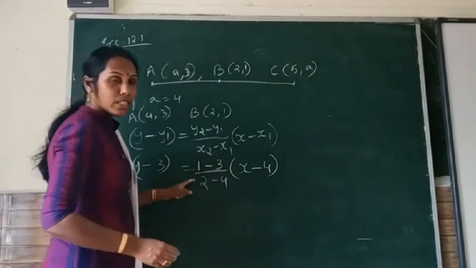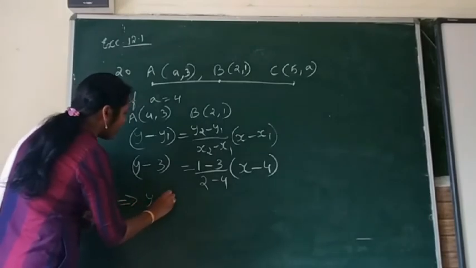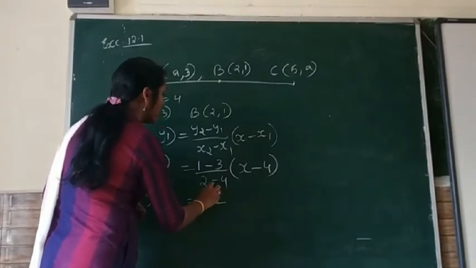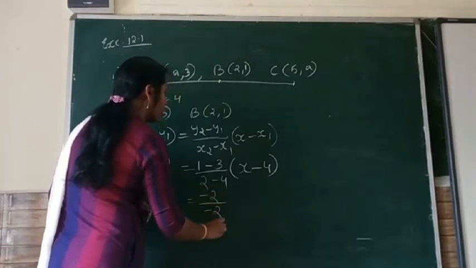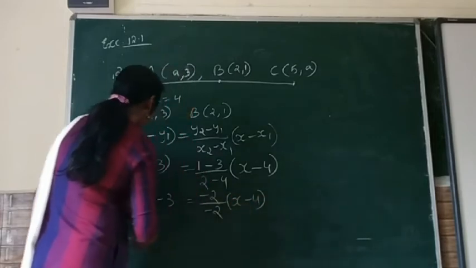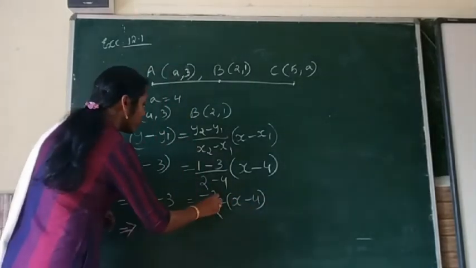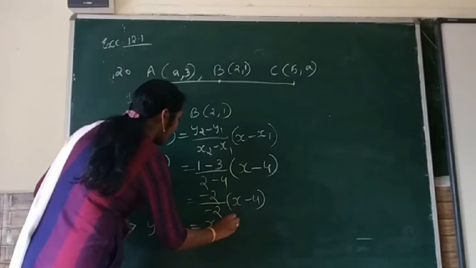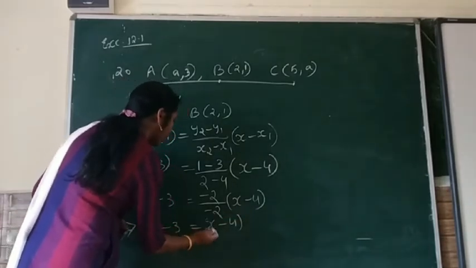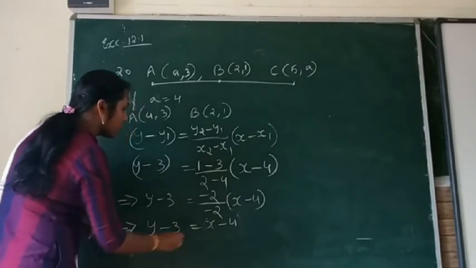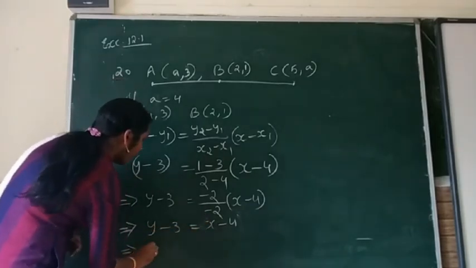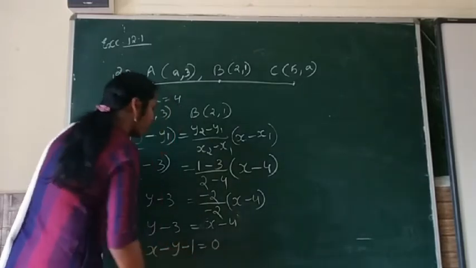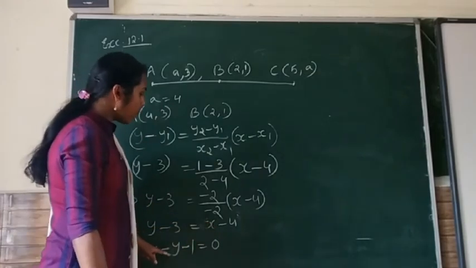By simplifying this, we can get the required equation. y minus 3 is equal to minus 2 by minus 2 into x minus 4, that is minus 2 divided by minus 2 will be 1 itself. So y minus 3 is equal to x minus 4, which implies, by simplifying it, x minus y minus 1 is equal to 0. In the standard form of the equation, we get x minus y minus 1 is equal to 0.